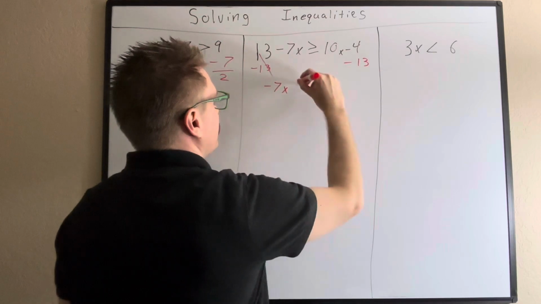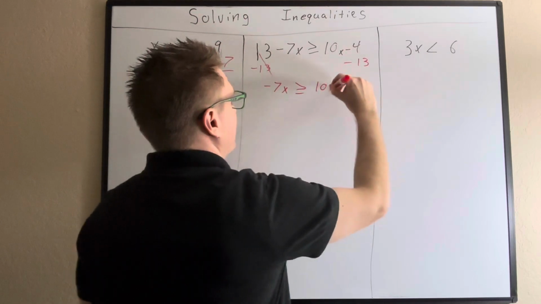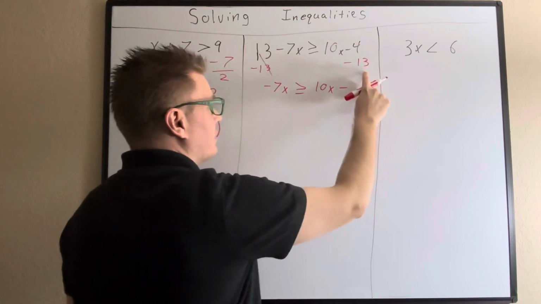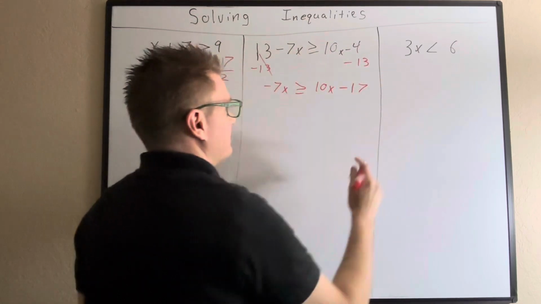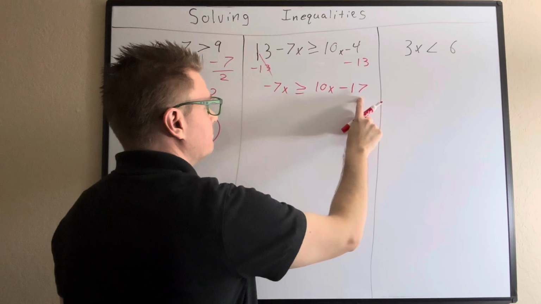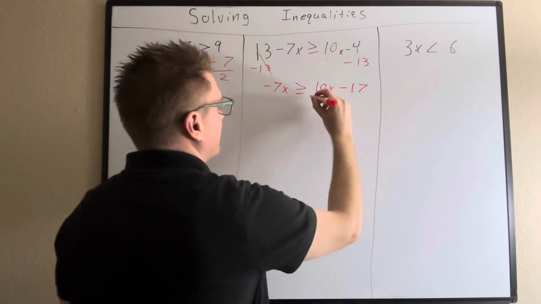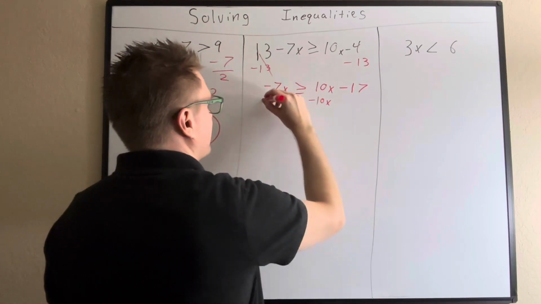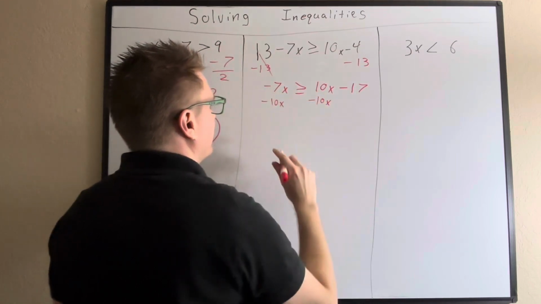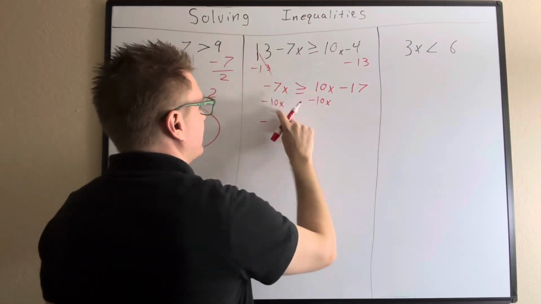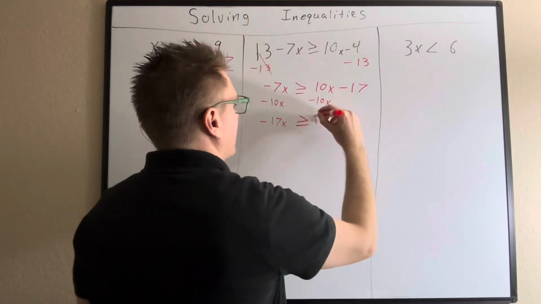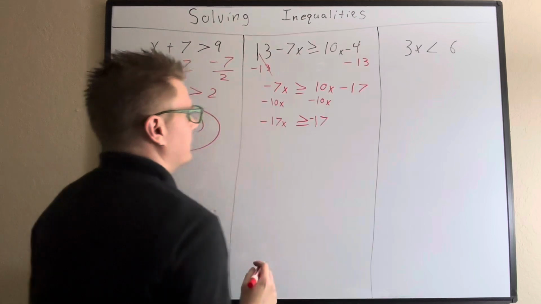Negative 7x is greater than or equal to 10x, negative 4 minus another 13 is negative 17. Now we want the x's on this side, so we're going to subtract 10x from that side. Negative 7x minus 10x is negative 17x.